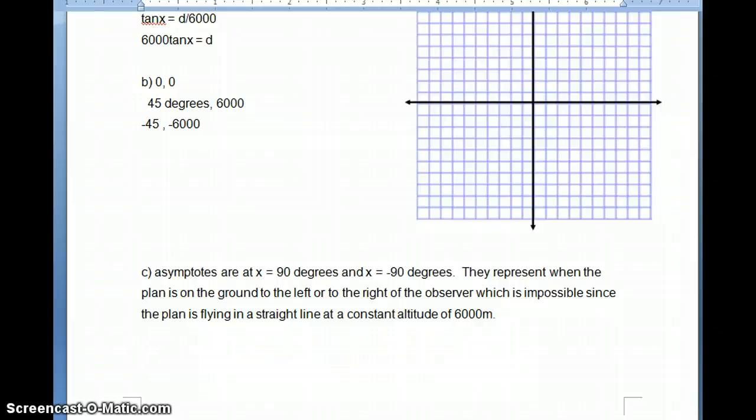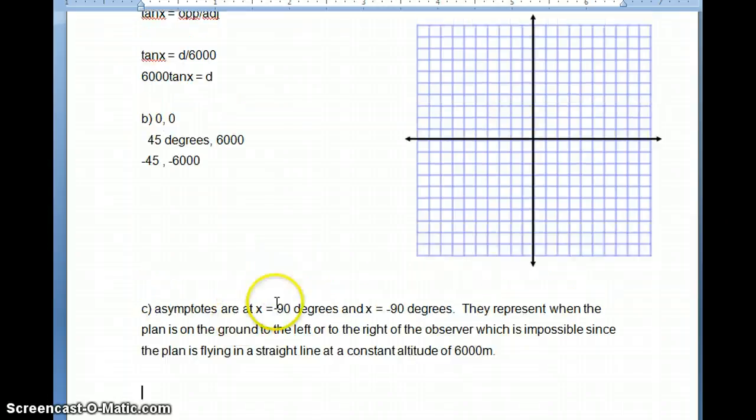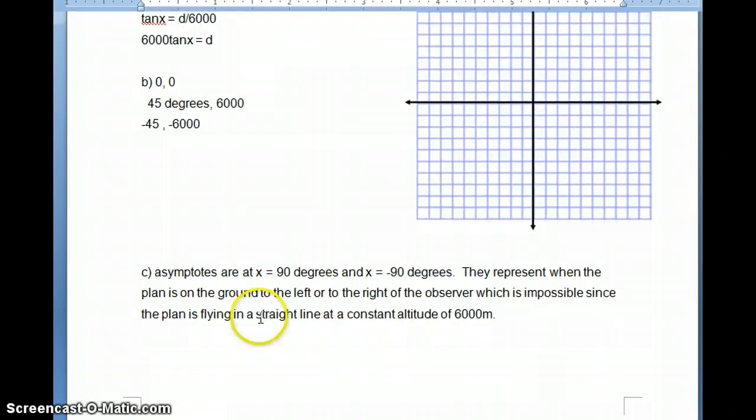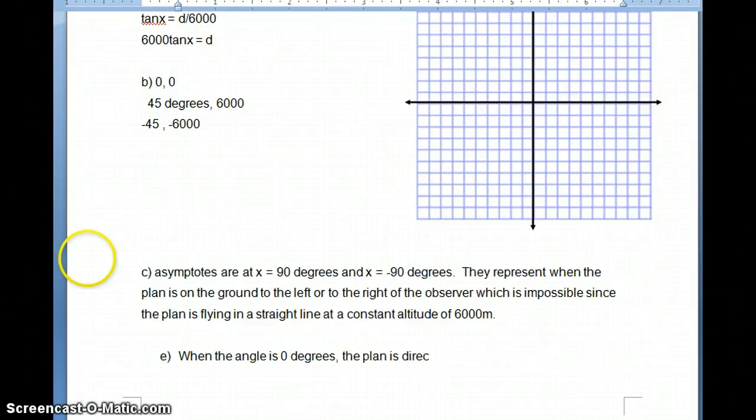For D, that one's asking, explain what happens when the angle is equal to 0. That's pretty interesting. If you look at that triangle again, you're looking at a straight up and down line, so that would be equal to when the angle is 0 degrees, the plane is directly over the head of the observer.